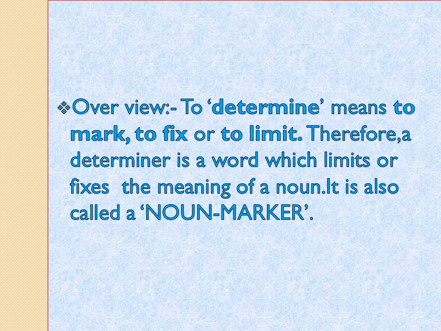In other words, a determiner is a word placed in front of a noun to specify the quantity or to clarify what the noun refers to. One more thing, students. A determiner identifies whether the noun or noun phrase is general or specific.